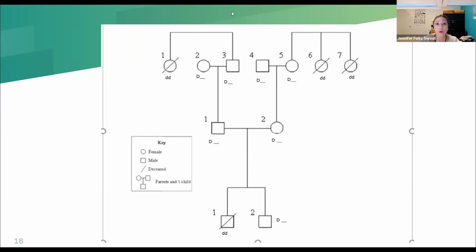There is no other way for them to have a child that has little d, because a little d has to come from both parents. So that is how you would figure out the genotype for those two individuals.